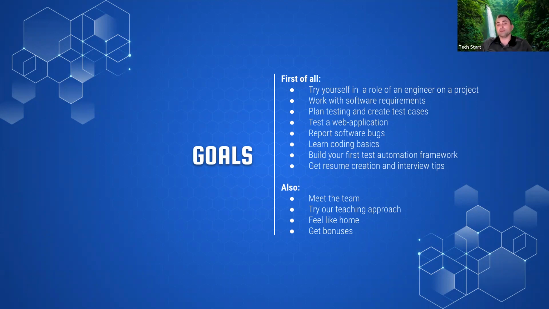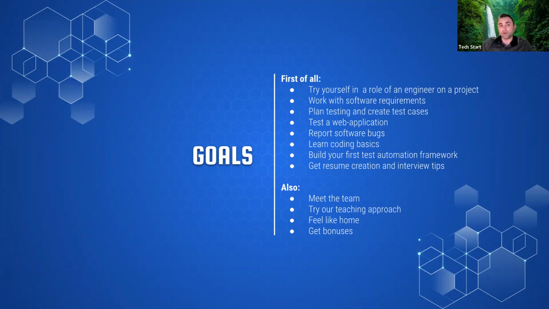Then we will be planning our testing. And after that, once we plan our testing, you will get the application and you will start testing it. Once you find problems in the application, you will create bug reports, right? This is what testers usually do. But we'll also be learning coding basics. We need that for test automation.